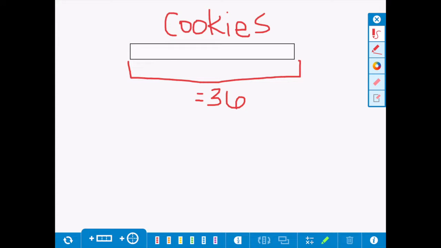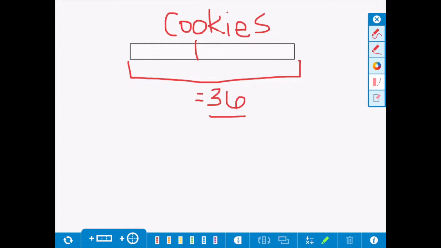And now I want to show the connection and breakup between the two flavors of cookies. So one of them is 15, we know that amount. And if we know that half of 36 is 18, then I'm thinking, okay, it's a little bit less than halfway. So if halfway is here, maybe I'll show students I'm going to make that be my 15 cookie mark.